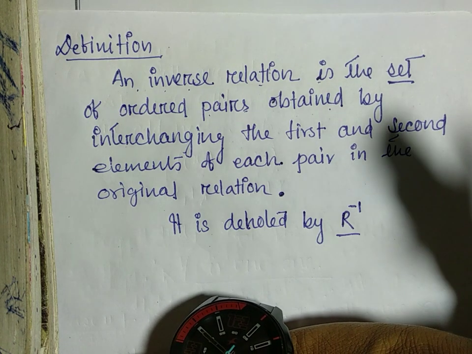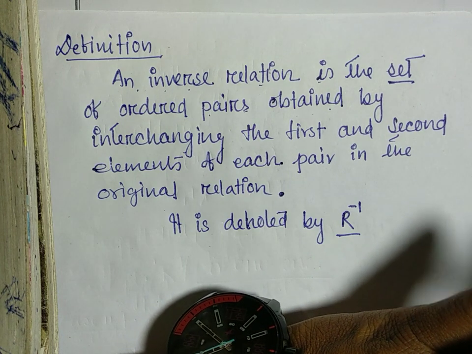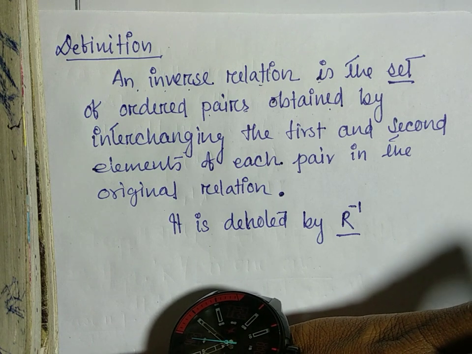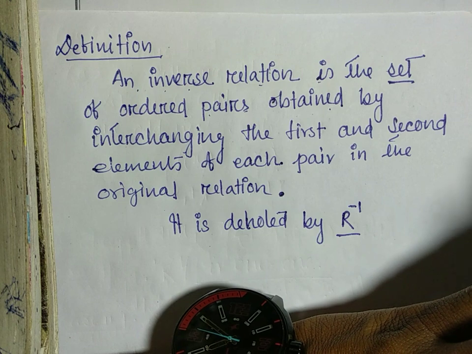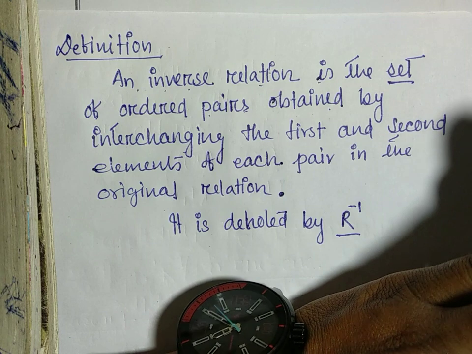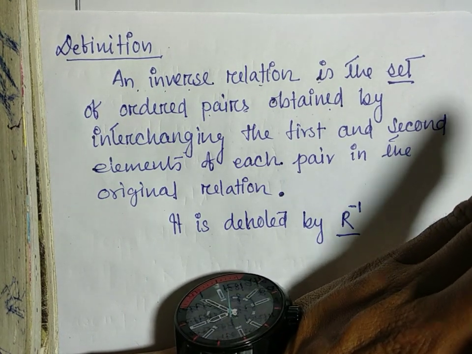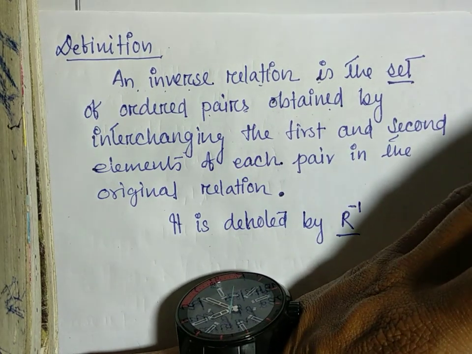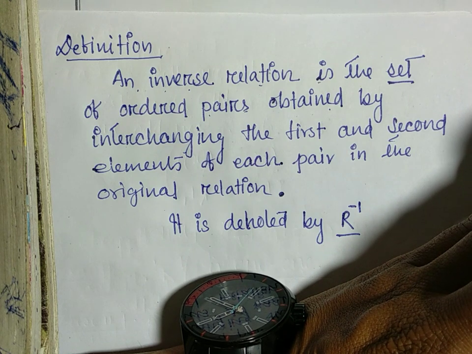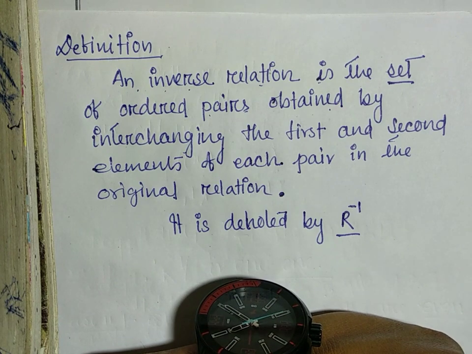Whenever the relation contains ordered pairs, if we interchange the first and the second elements of each pair, then obviously, if it is not an empty relation, a new set will form which contains the ordered pairs that are the reverse of the original ordered pairs. That relation will be considered the inverse of the original relation and it will be denoted by R inverse.